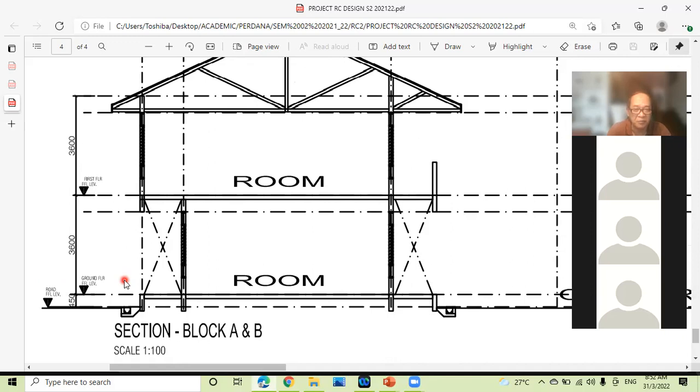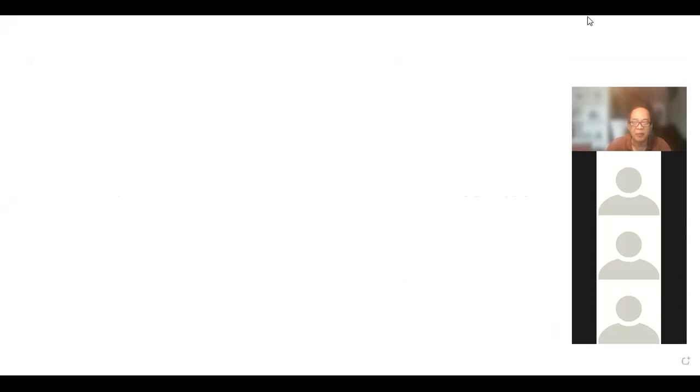One approach is to design as a non-suspended ground slab, and the other one is to design as a suspended ground slab. So if we look at what is meant by suspended and non-suspended ground slab, the more typical or the more usual type of construction adopted is where we have the non-suspended ground slab.